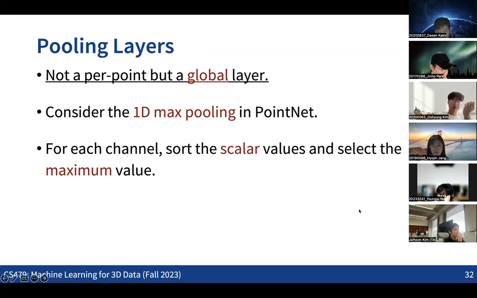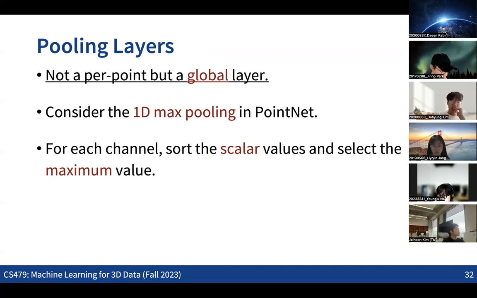Max pooling means that we sort all the scalar values for each channel and then select the maximum value. Does it make sense? For each channel, we sort all the scalar values and pick the maximum value. That was the 1D max pooling in PointNet.